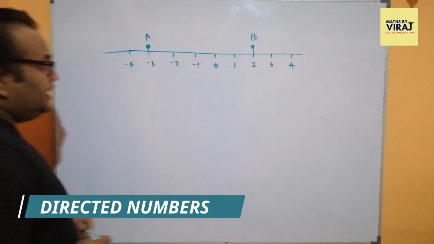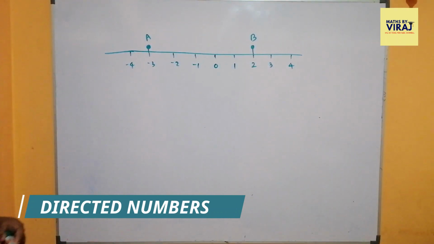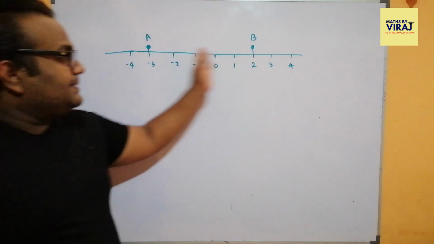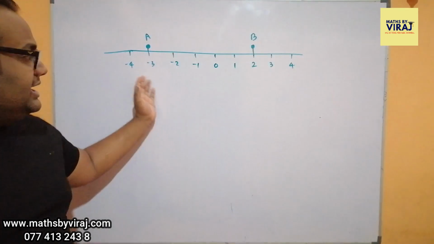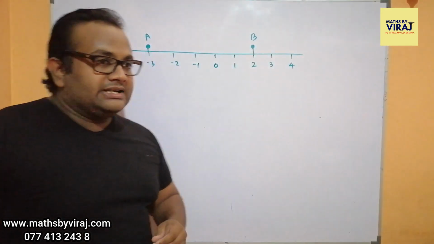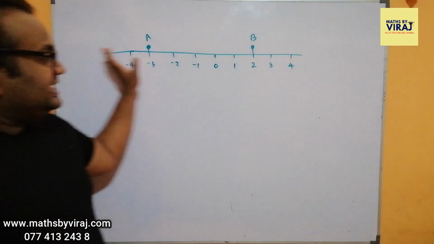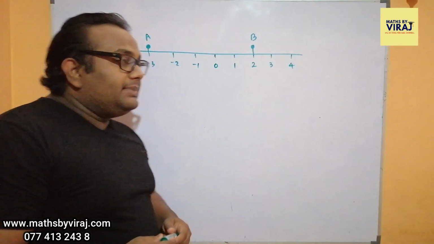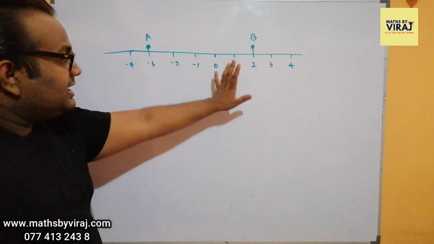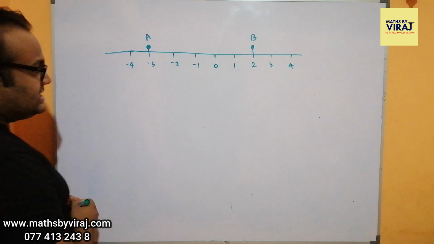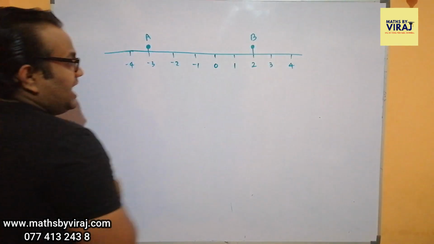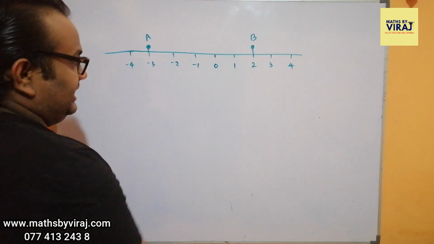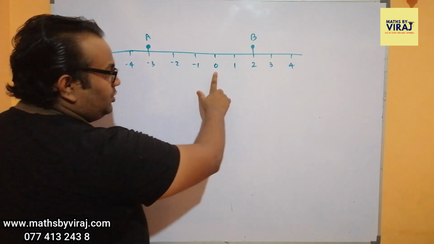Right. Now as you can see, I have drawn a simple line and underneath I have written some numbers. This is called a number line. As you can see, in the center I have 0.